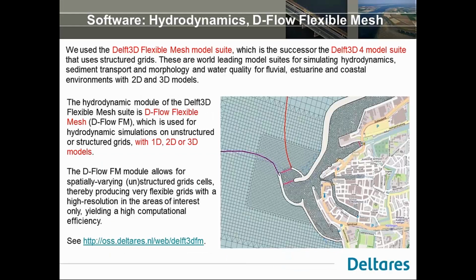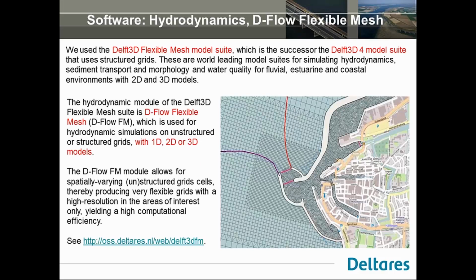To develop the hydrodynamic model, in this case, we use the recent Delft3D Flexible Mesh model suite. This is the successor of the Delft3D4 model suite, which most of you probably know, or maybe you know both already. It's been around for quite some years, and it's now being gradually replaced by the Flexible Mesh, the younger generation.